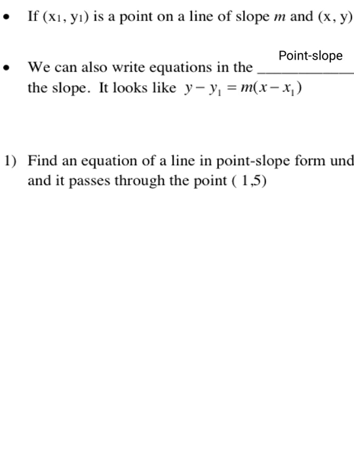It looks like this: y minus y1 equals m times the quantity x minus x1. So this is just another way that we can write an equation of a line or a linear equation, and we can just substitute in an x1 and a y1 into this form, and we can simplify it. And when we simplify that, we're going to get our slope-intercept form, which is y equals mx plus b.